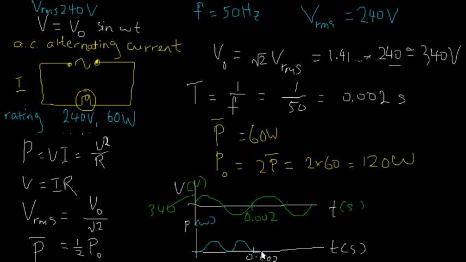So it would go up and down following a sine squared graph as we've seen in the past videos. And the peak power would be 120 watts. So that would be the power actually happening in this light bulb.